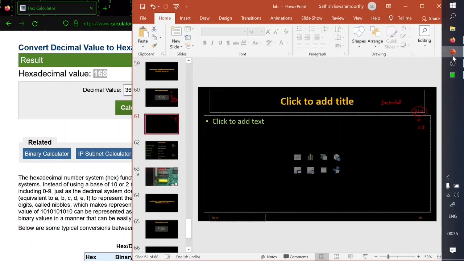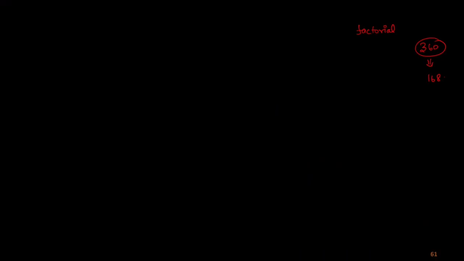So in this case, how can I solve this logic? First, I need to write a program for my factorial. I have already written it. How did I write it? If it is going to be 4 factorial, I initialized my AX to 0, 1.